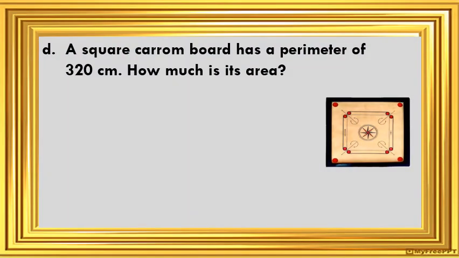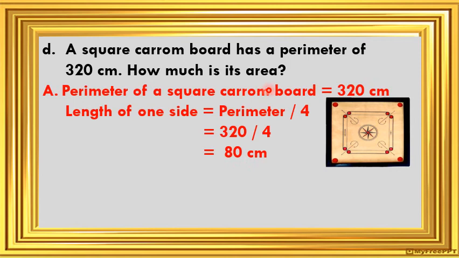D. A square carom board has a perimeter of 320 centimeters. How much is its area? Answer. Perimeter of a square carom board is given as 320 centimeters. Here the carom board is square.